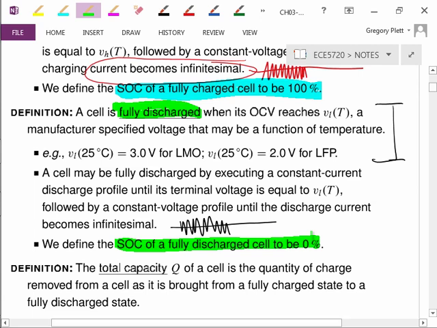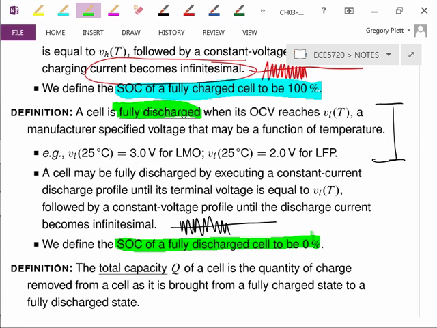So this procedure, in my case, when I do this in my lab, I put the cell in a thermal chamber, I turn the thermal chamber on to the desired test temperature, I let the cell remain in that chamber for at least 2 hours, resting, doing nothing, so that the temperature is fully in equilibrium inside of that cell.